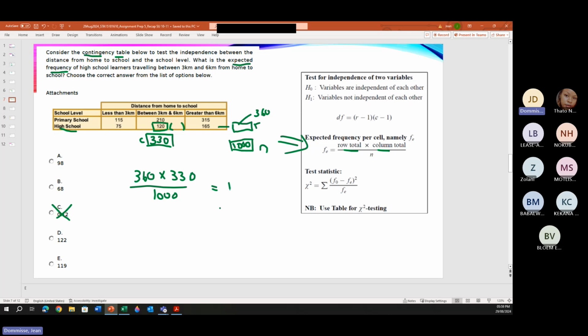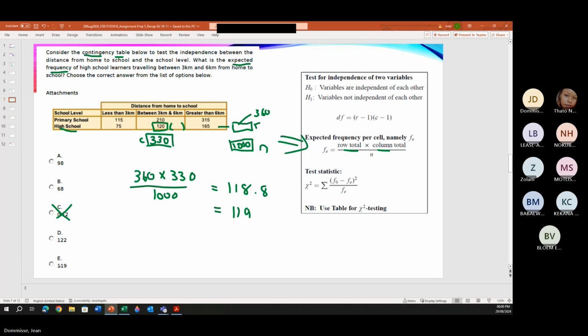Okay, which is 118.8. So if we round that off, I would have been happy with 118.8, but obviously they round it off to whole numbers.